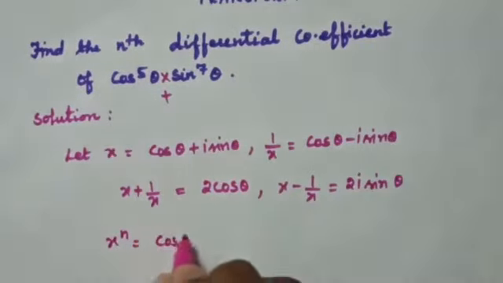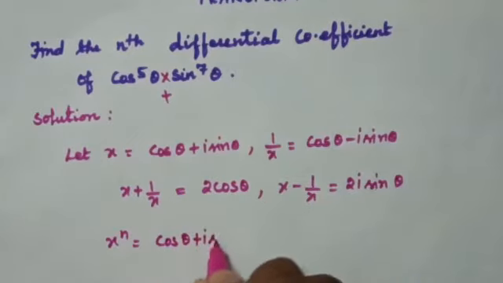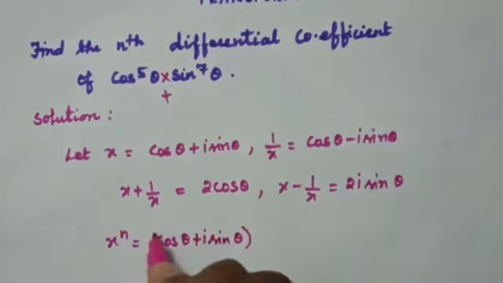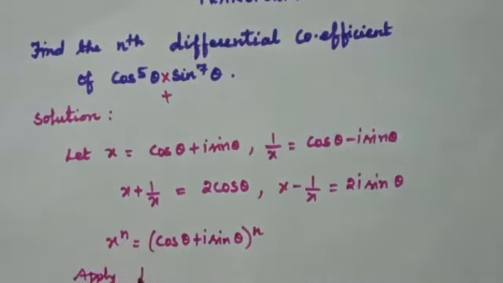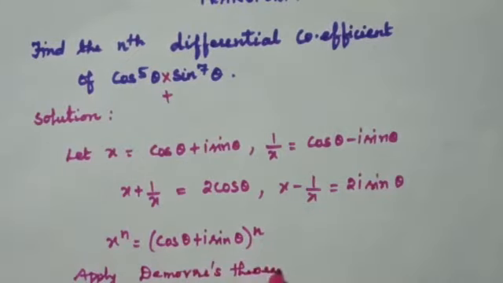If you take power n, what will it become? Cos theta plus I sin theta the whole power n. In this case you have to apply De Moivre's theorem. What is De Moivre's theorem?